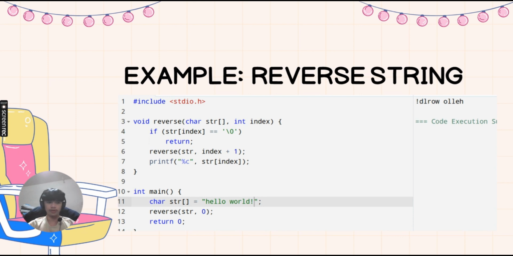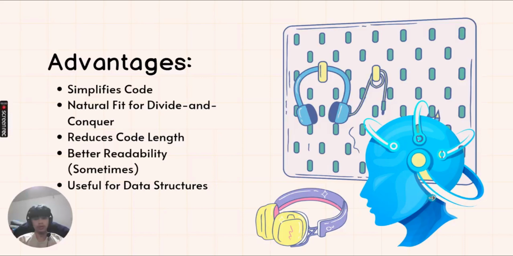As the function returns back through the recursive calls, it prints each character, which results in the string being printed backward. In main, the string hello world is passed to the function and the output becomes this one. So we're done with the three examples of recursion.